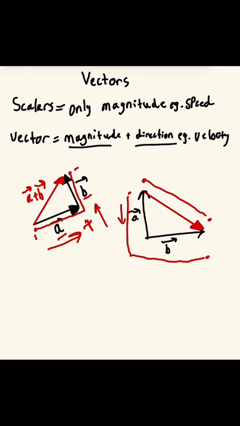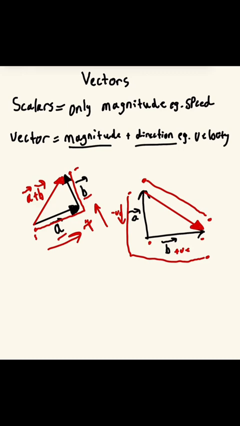So we need to go that way, which means we have to go down A, which means A is going to have that negative value. And we have to go across to B. B has that positive value because we're going from the tail to the head. But A is negative.